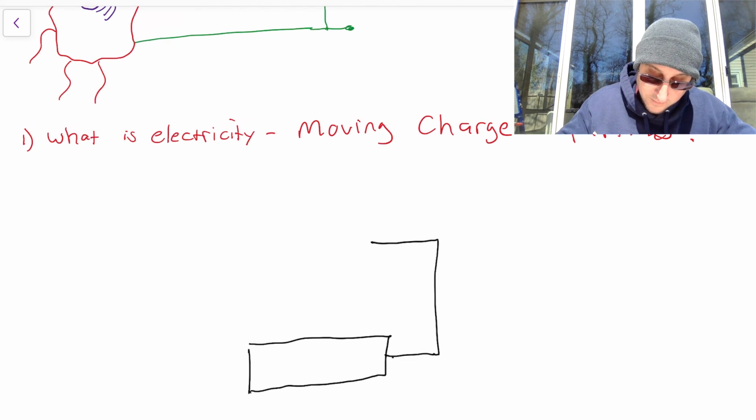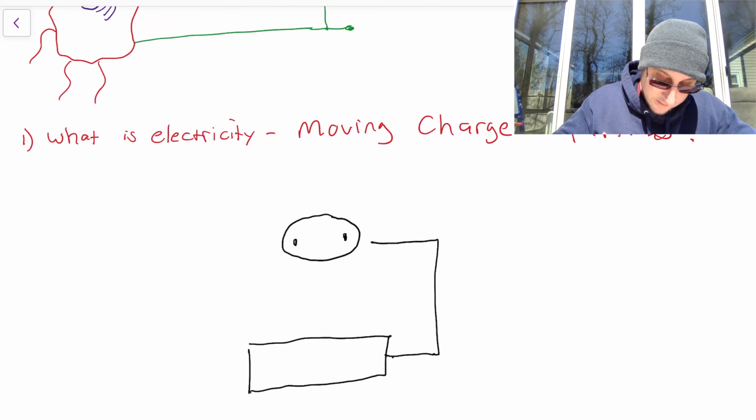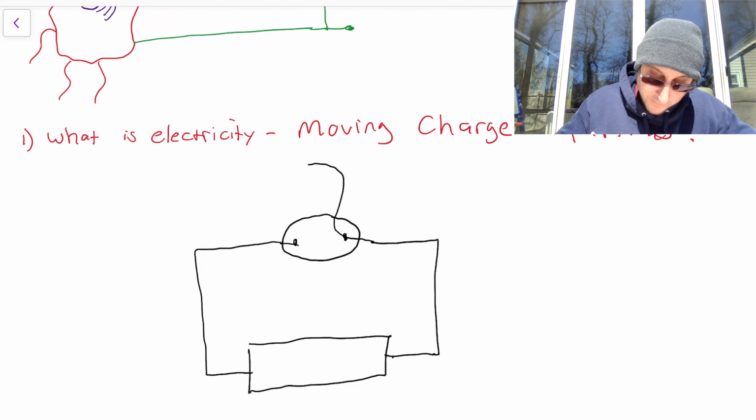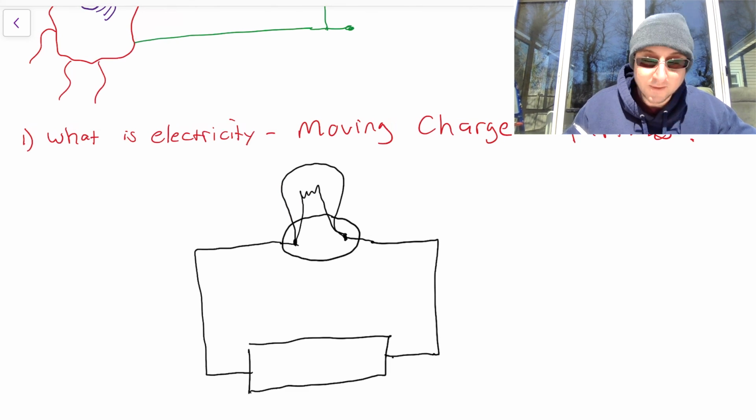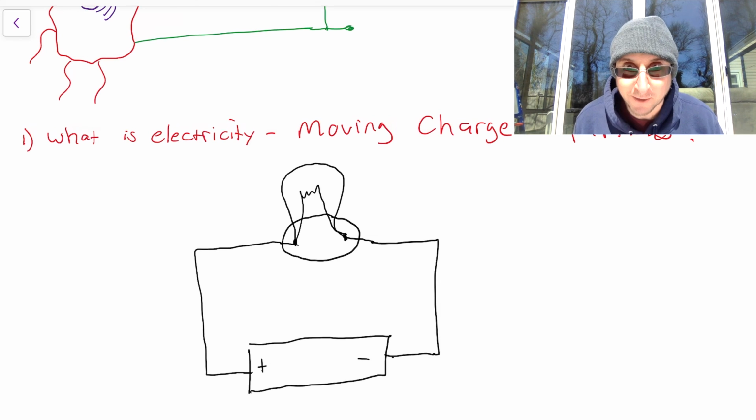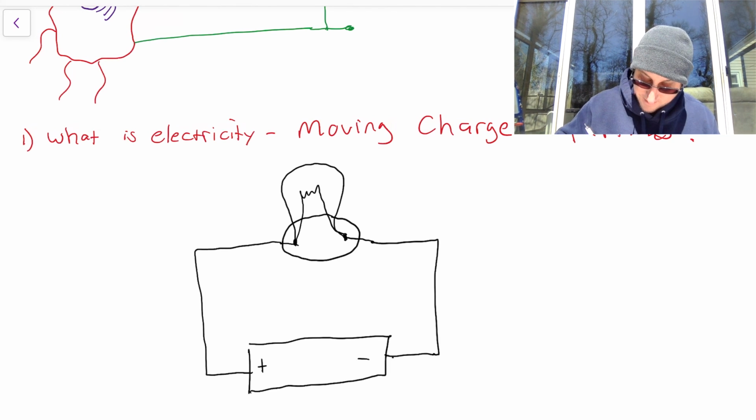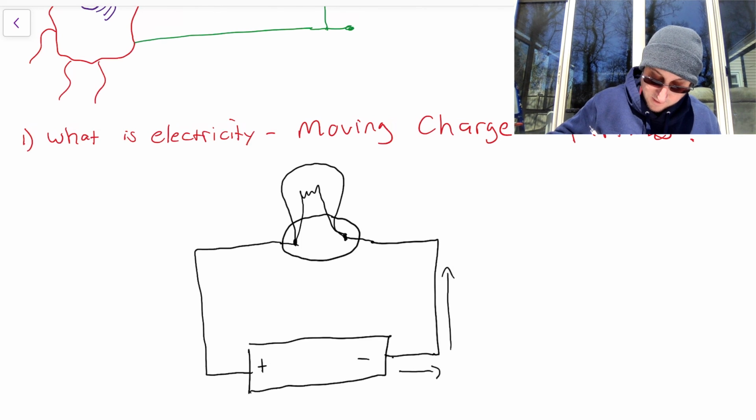Wait for it. Should start looking like something. And if you had me for 8th grade science, you'll know this is one of my favorite things to draw during the electricity unit. Boom! It's a circuit. We have a circuit, right? And so what's going to move in a circuit? What is the charged particle? The electron. Nice, right? So the electron is going to move throughout that circuit.